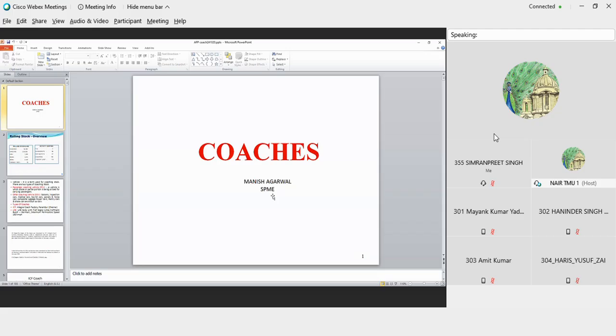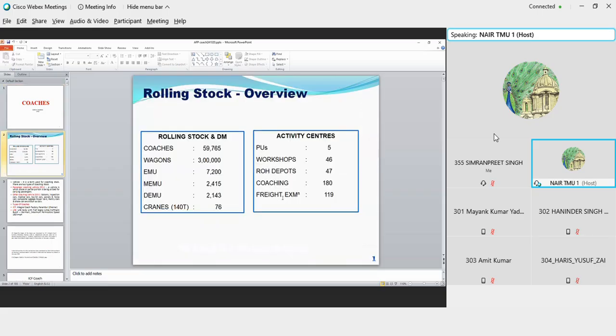So broadly, there are two families. One is the ICF family and second is the LHB family. Indian Railways owns around 70,000 coaches and there are more than 100 designs. But they are predominantly on these two families or two platforms. So you can interpret ICF as one platform and LHB is another platform.